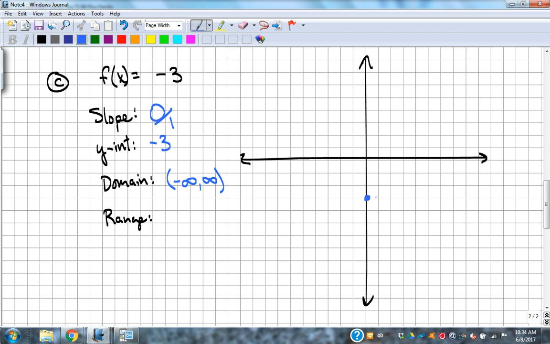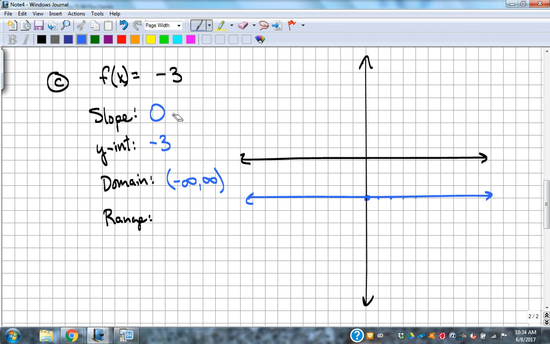So if I go up 0 and over 1, I end up just going horizontal. So that blue line is the graph of f of x is equal to -3.